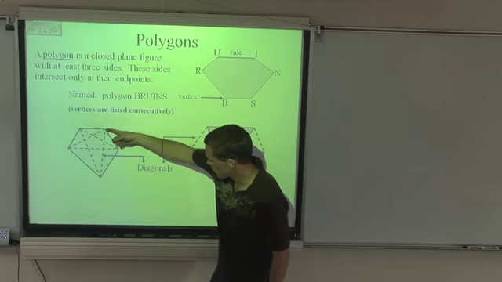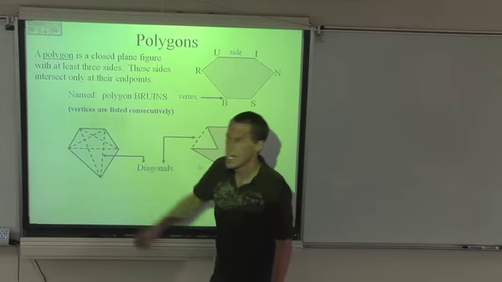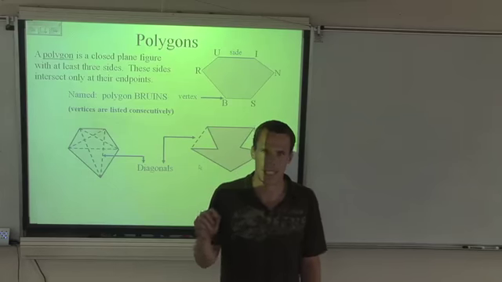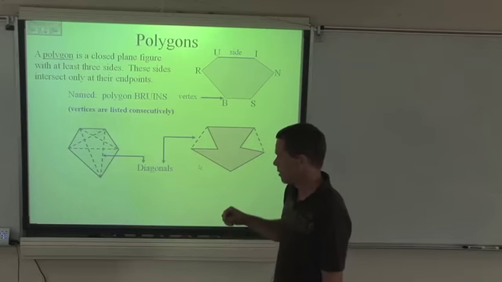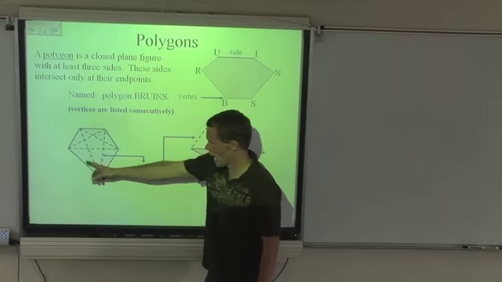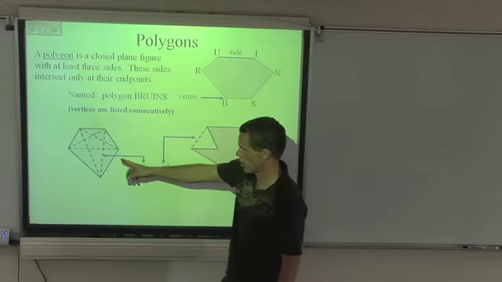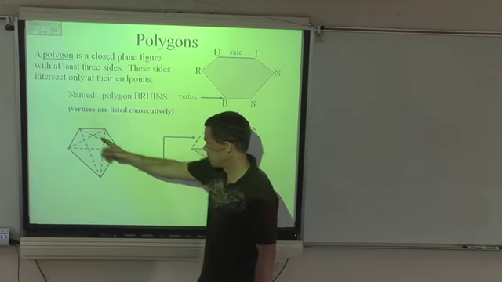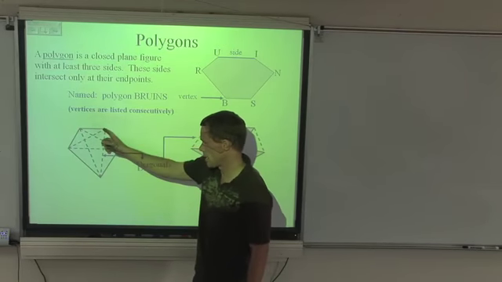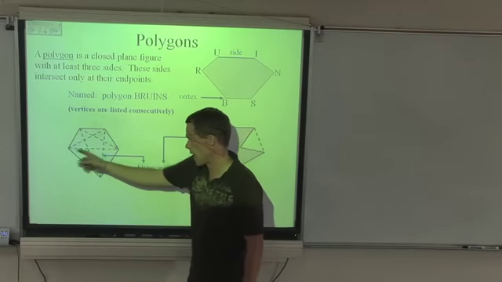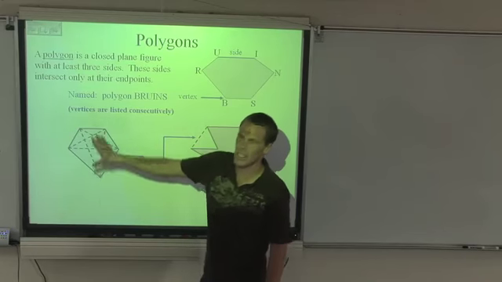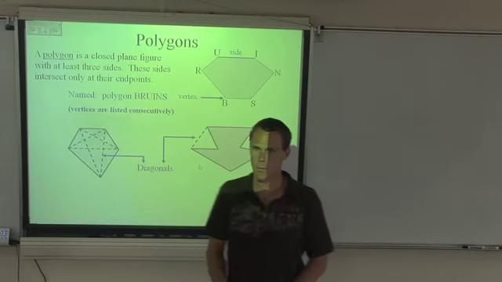But if I connect this vertex to this vertex, that is a diagonal because that is connecting 2 vertices that are not already connected together. Now, in this shape, I actually have all of the diagonals drawn in. Here and here. It's already touching these 2. Those are sides. So this vertex has 2 diagonals. This vertex has 2 diagonals. All of the diagonals are drawn here.